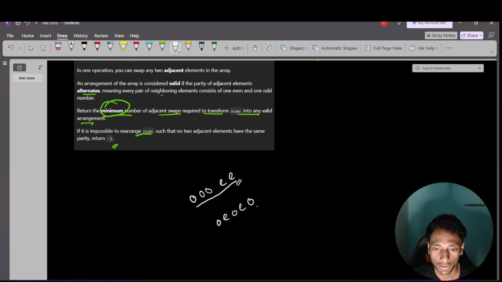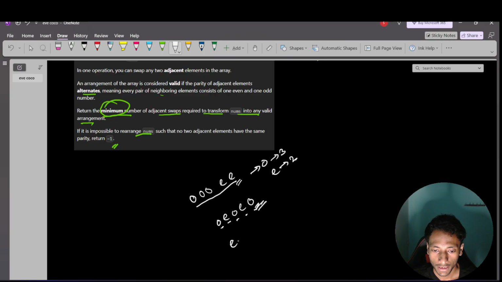The input length is 5 and here the length is also 5. How many odds are there? 3. How many evens? 2. So you can see that here also the odd count is 3 and the even count is 2. Got it? So this is one possible answer.